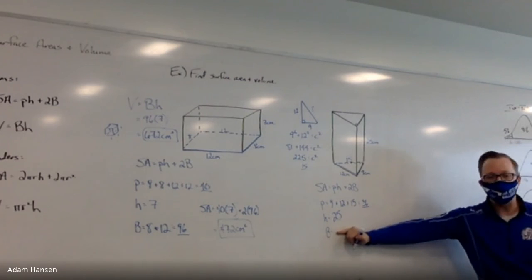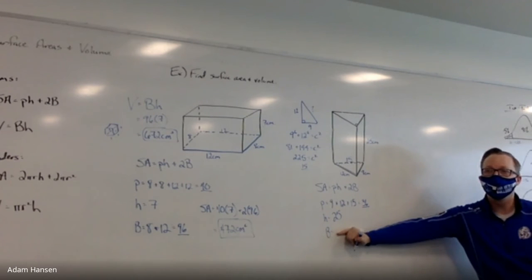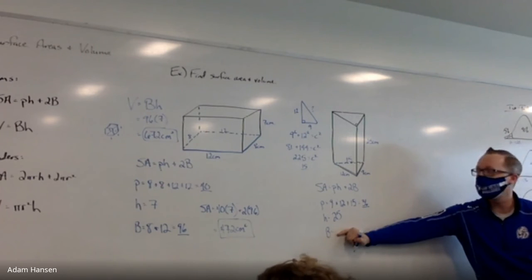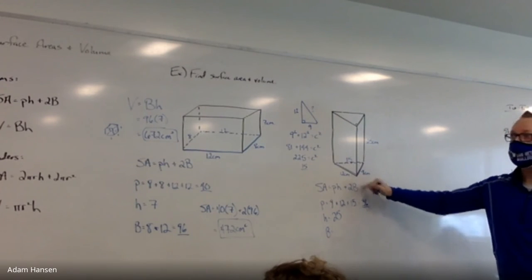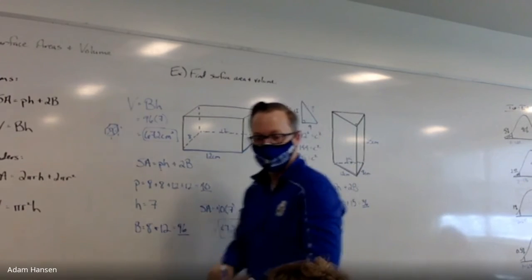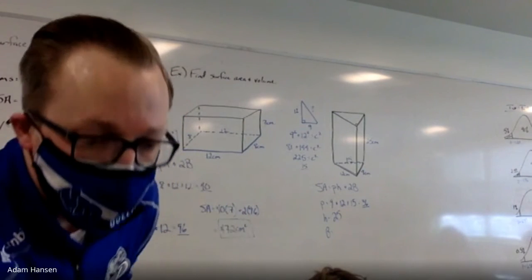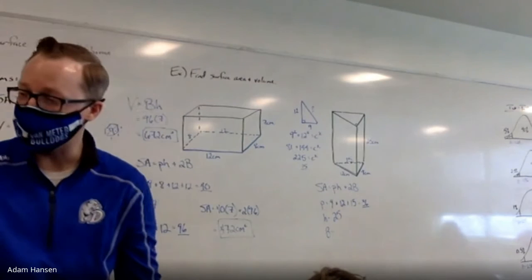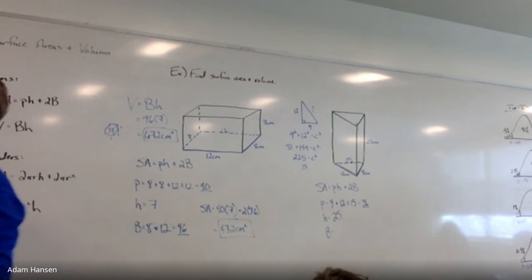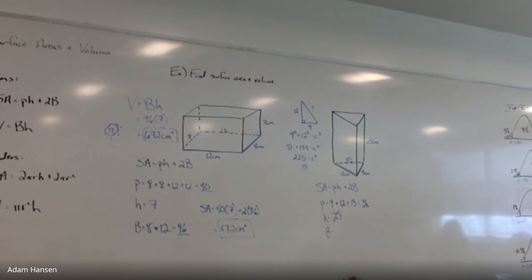What does capital B stand for? This always trips people up. Area of the base. This is a triangle. How do you find the area of a triangle? If you don't know, I suppose I give you a formula sheet. Half base times height. I want to know the area of the 2 triangular sides on top and bottom, so I can add them onto the surface area for my total value.